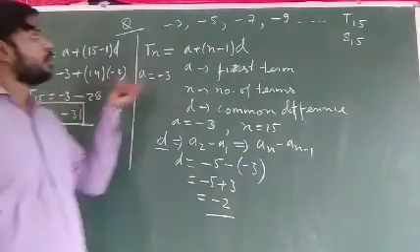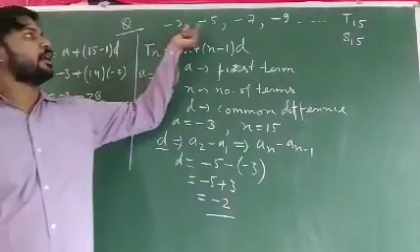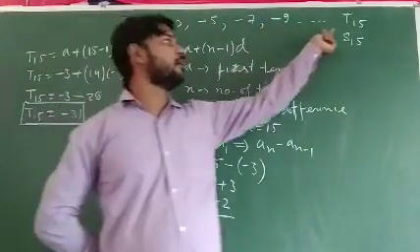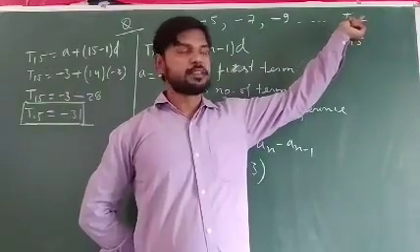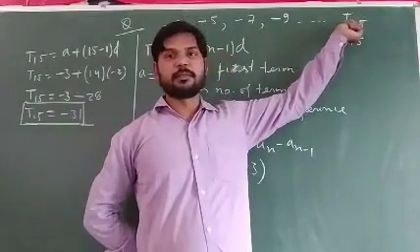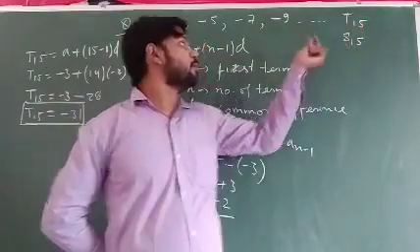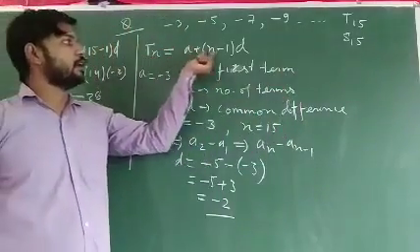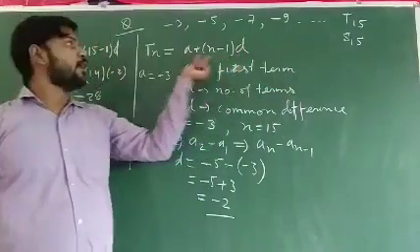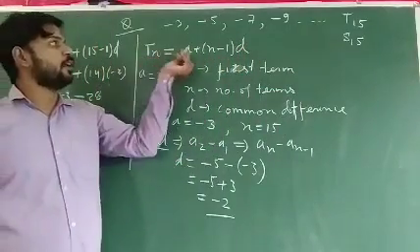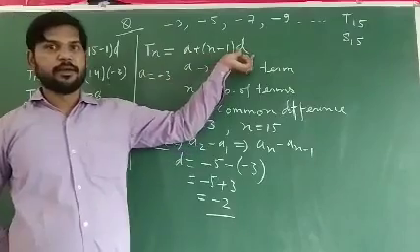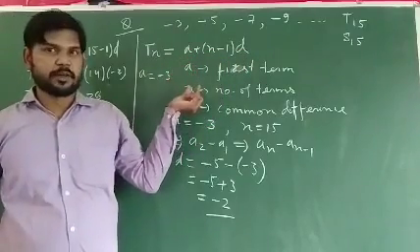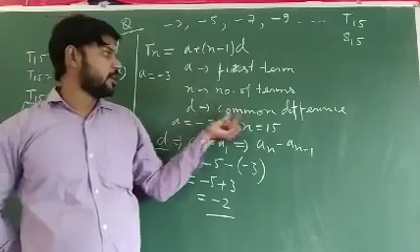Once again, suppose we have the series -3, -5, -7, -9 and so on, and it is asked to find the T15 and S15. For T15 we need Tn equals a plus n minus 1 into d, where a stands for the first term, n stands for the number of terms, d stands for the common difference.